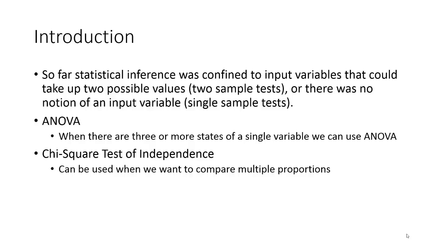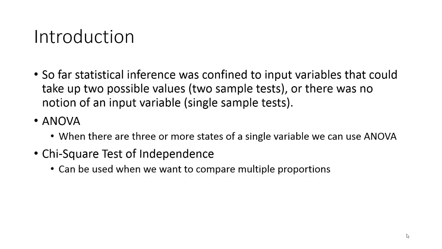For example, I've already defined that I am interested in studying the average height of boys in 10th standard in public schools in India, and I'm interested in seeing if that average height is less than 120 centimeters or some such number. There's just one variable which is height, and you're comparing it to some number that you had in your head. So that summarizes the two sample case and the single sample case.